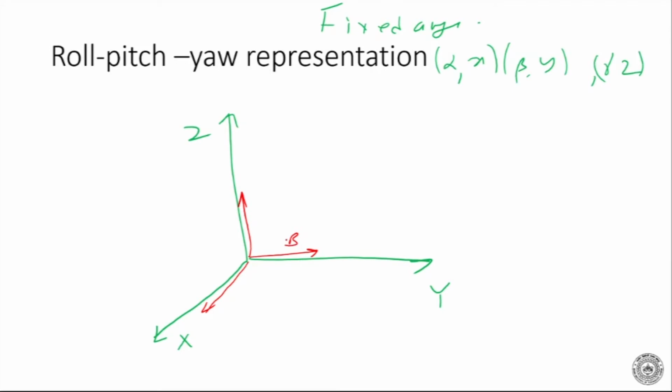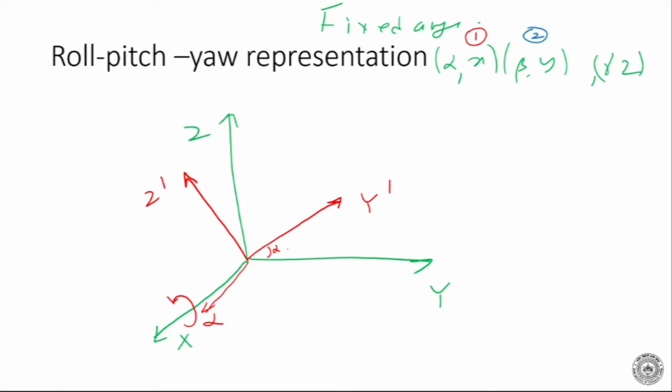Okay, so first I rotate about the x-axis by an angle alpha. So what will happen is B will come here now. So y dashed and z dashed have come here. This is an angle alpha. Then I rotate by an angle beta about the y-axis. Now which y-axis?